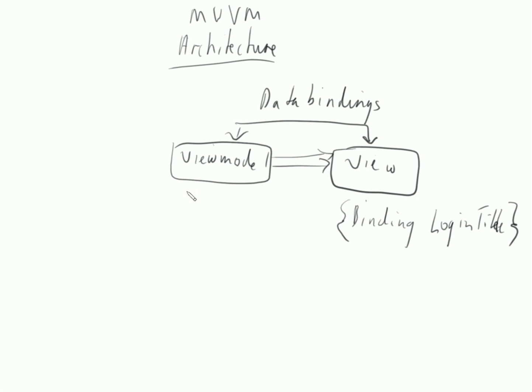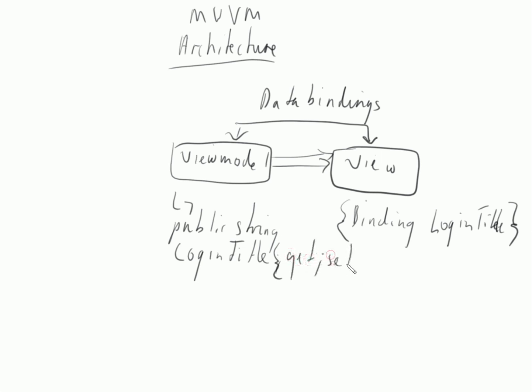Okay, and then inside here we'll have like a public string LoginTitle, that will be obviously on one line, and that will have a get and set method.